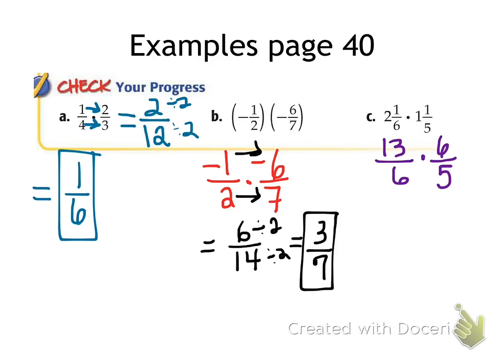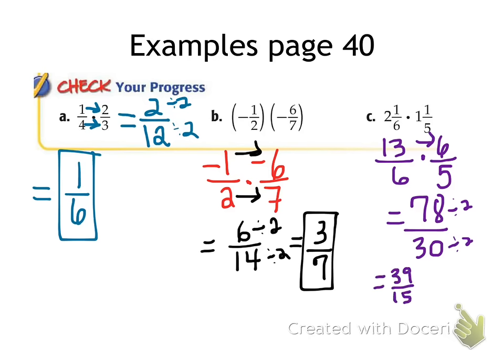When you multiply that, you get 78. So our numerator is going to be 78. For the bottom, 6 times 5 is 30. I can simplify this. I can divide by 2. So when I divide by 2, I get 39/15.